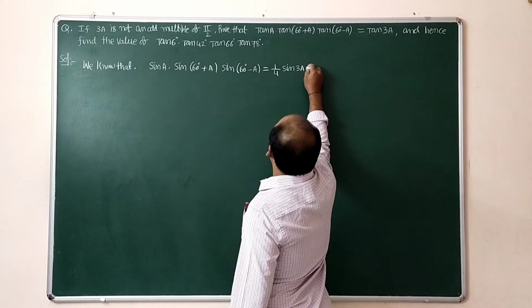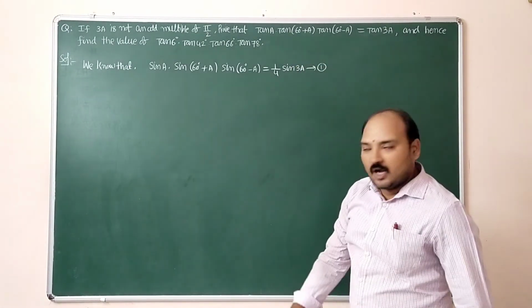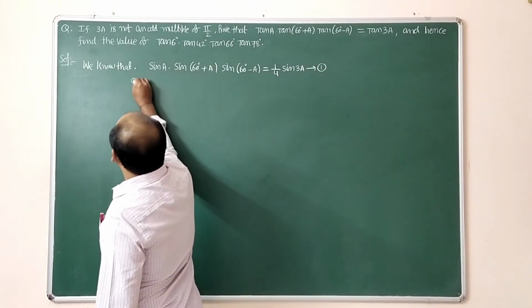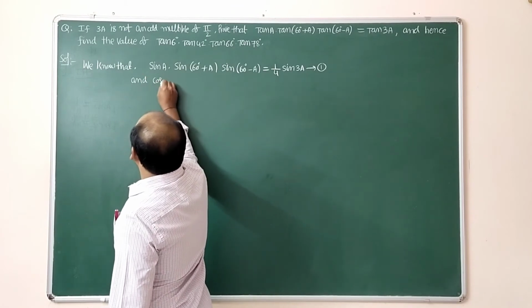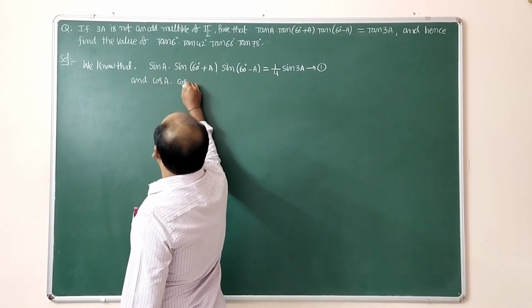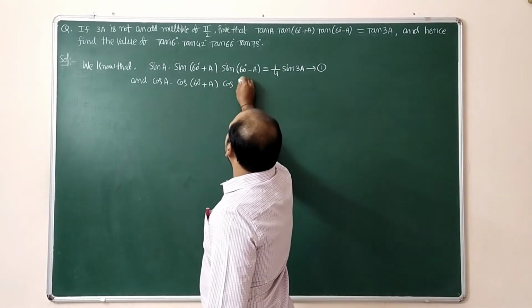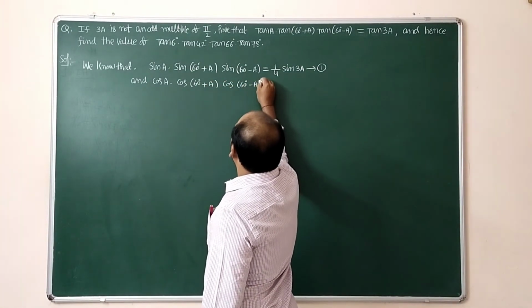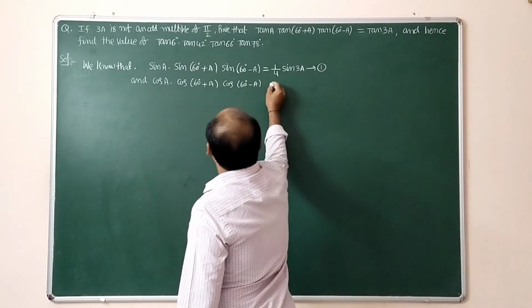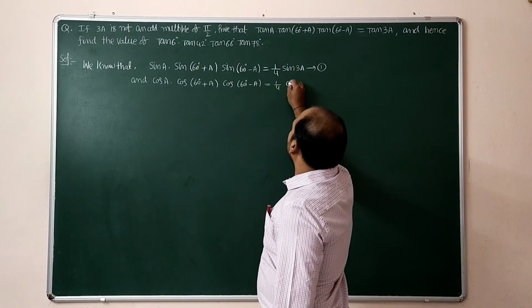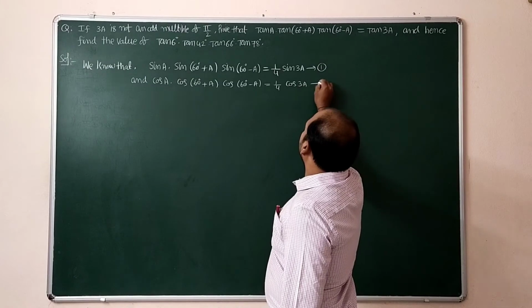You keep this as equation number 1. And also, in terms of cos, cos a into cos of 60 plus a into cos of 60 minus a is also equal to 1 by 4 into cos 3a. Equation number 2.